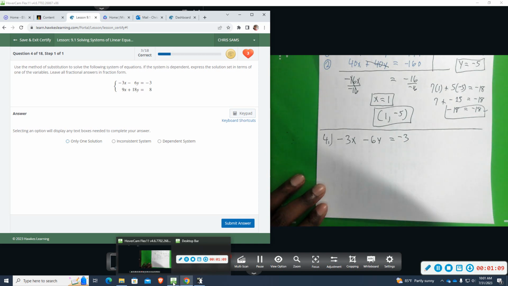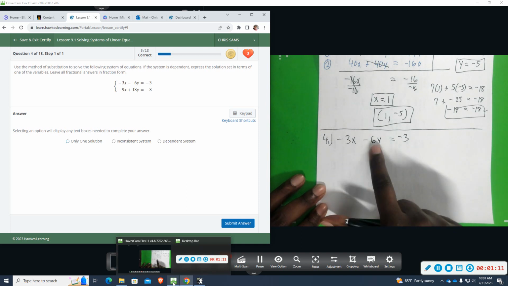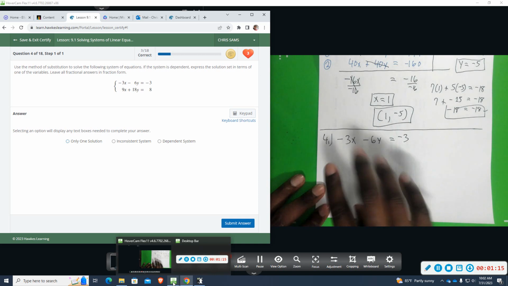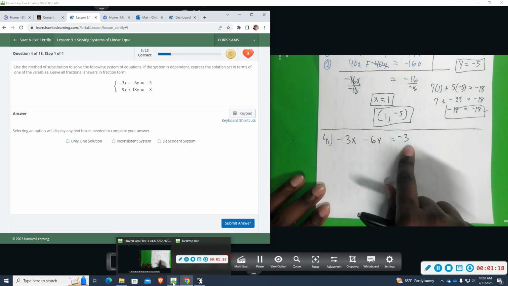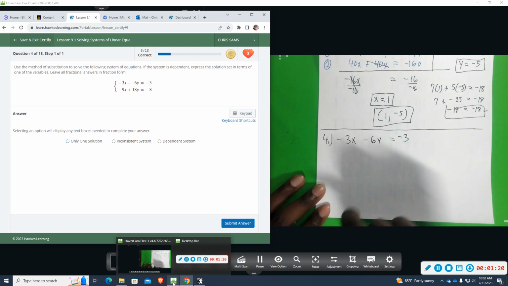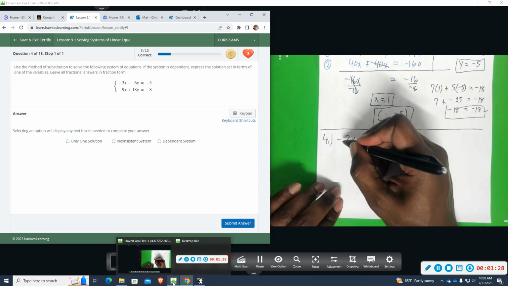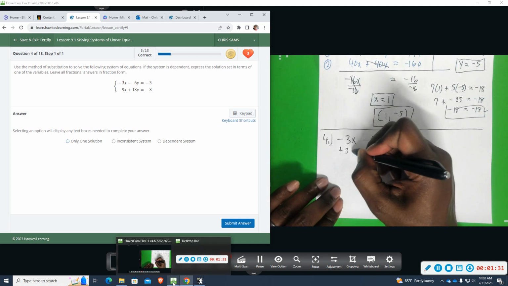Normally we have equations in slope-intercept form, and we have y on the left and everything else on the right. So I'm going to solve this equation in terms of y equal. And this is what you would have to do to solve an equation by substitution. You got to solve for one of the variables first. So I'm going to add 3x to both sides.